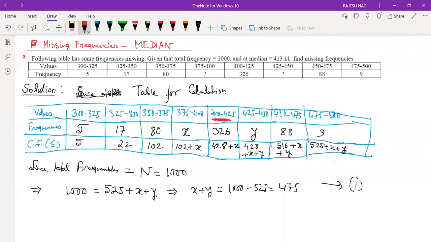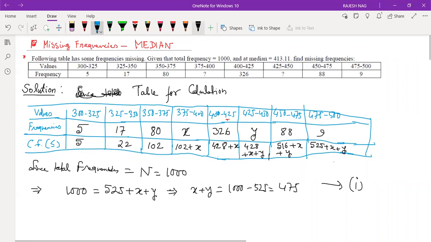So 413.11 lies within this red shaded range. We conclude that 400 to 425 is the median class.